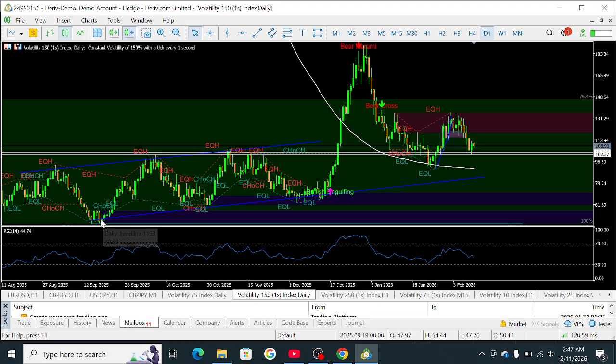We have a higher low, higher high, higher low, higher high, higher low, and higher high that broke this resistance.